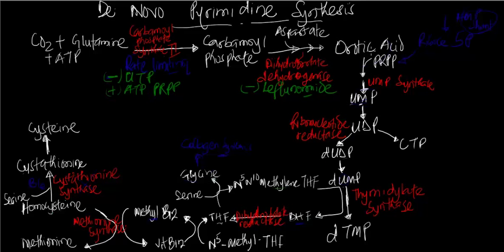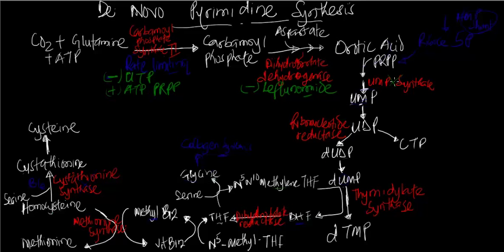And let's come here. So orotic acid, what's going to be the fate of orotic acid? Like I said earlier, PRPP is going to donate ribose 5-phosphate to it, and then with the help of UMP synthase, we want to form UMP. So for instance, let's say somebody has a deficiency of UMP synthase.